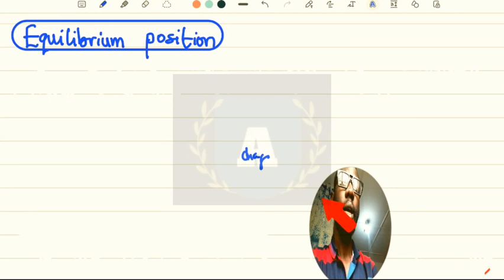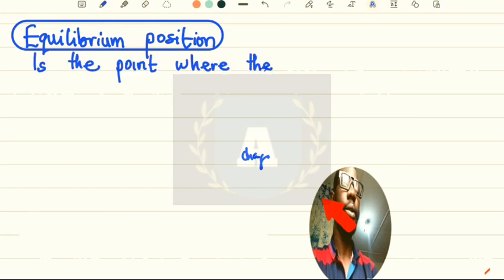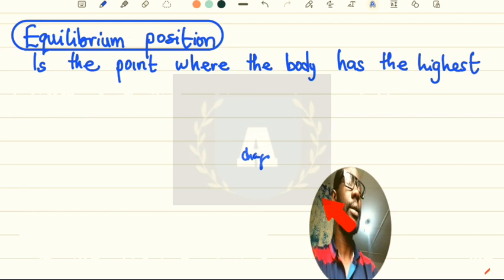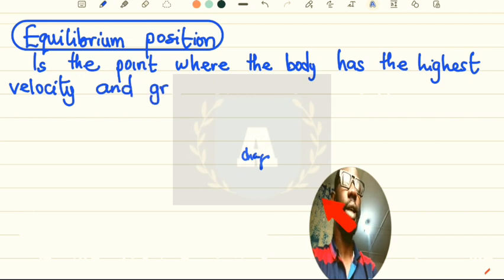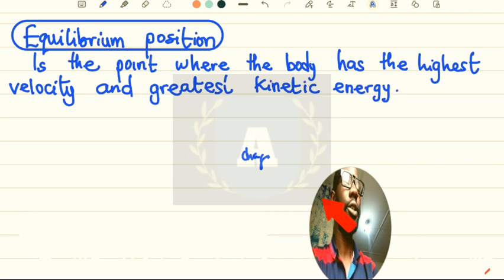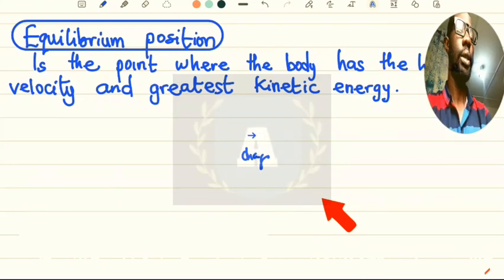Equilibrium position is the point where the body experiences the highest velocity and greatest kinetic energy. That is the meaning of equilibrium position.